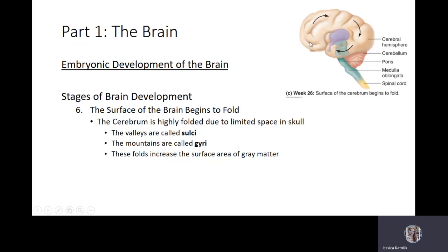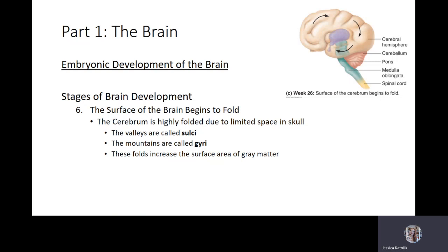And a kind of mountain shape on the brain is called a gyrus, or gyri if we're talking about plural. And this folding is really important because it allows our brain to fit in our skull, and it also increases the surface area of our brain.